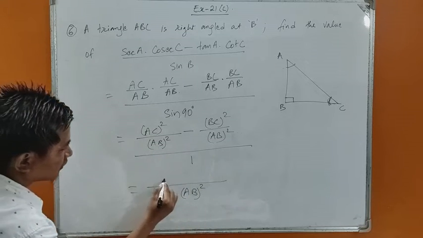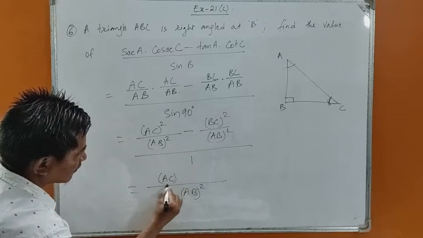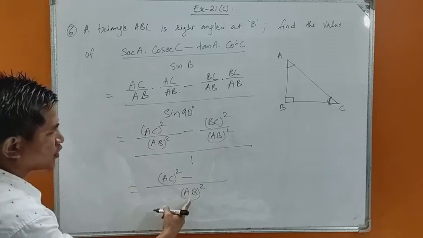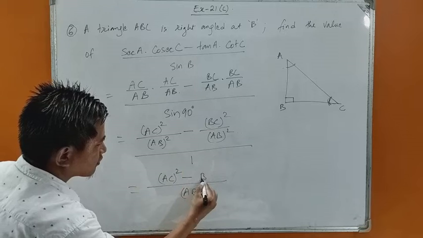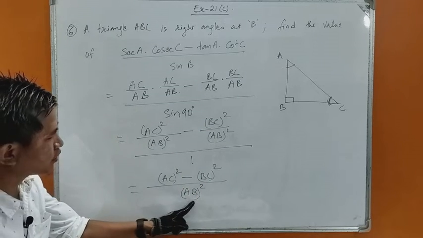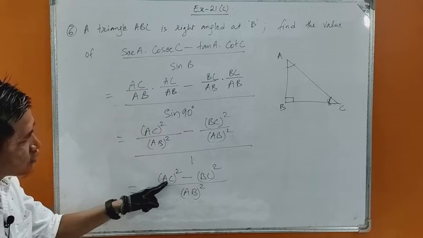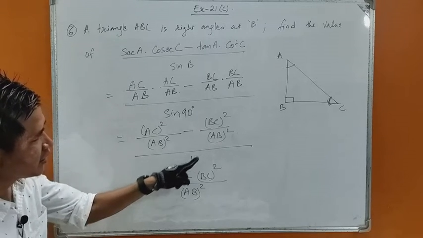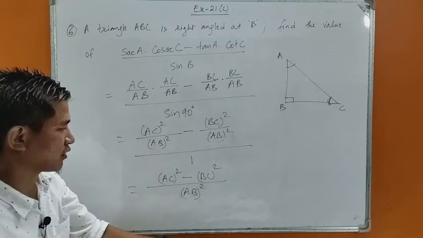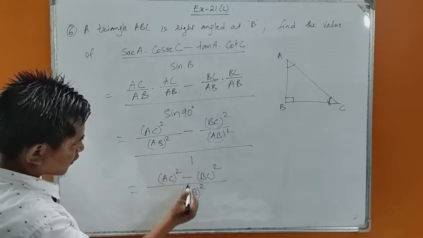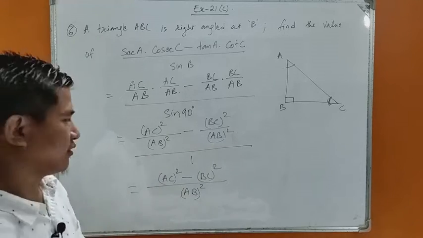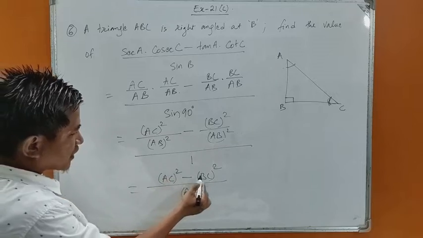In the numerator, AC square minus BC square, since the LCMs are the same. So we have AC square minus BC square.